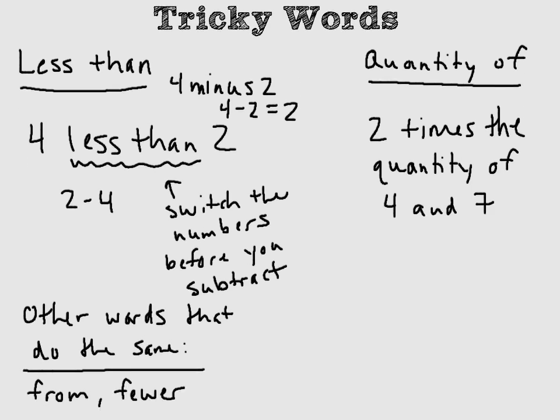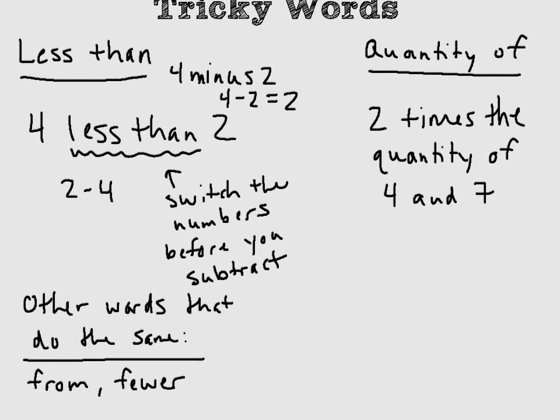If I write that out into algebraic sense, I'm taking 2 times 4 and 7. Remember, that means a plus, so 4 plus 7.